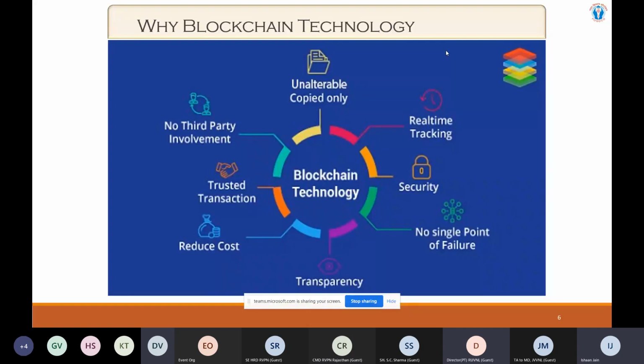In this case, everybody has a separate ledger, a separate copy, and that too an unalterable copy. So you can avoid such a single point of failure, and with real time tracking, whenever any transaction happens, it is copied to all the ledgers and all the nodes, so that they get updated.